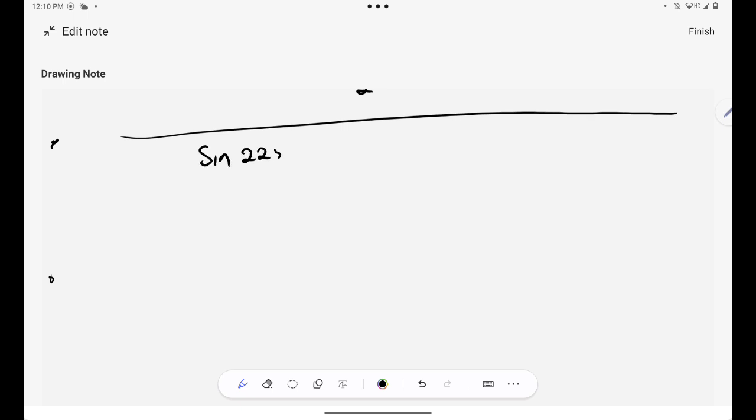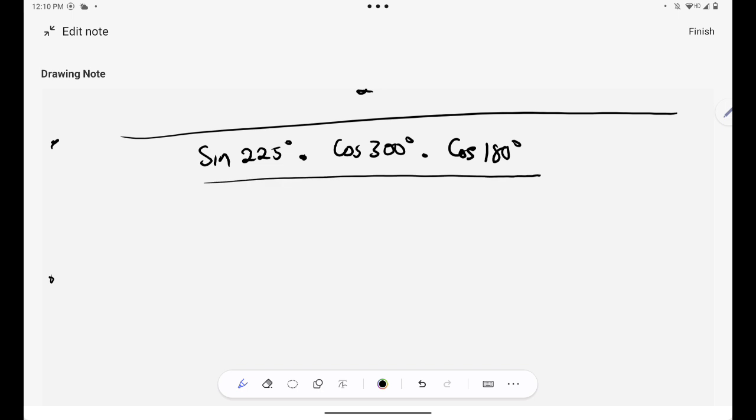So let's say now you have something like this. You have sine of 225 degrees multiplied by the cos of 300 degrees multiplied by cos of 180 degrees, all over the sine of 315 degrees multiplied by the tan of 315 as well.